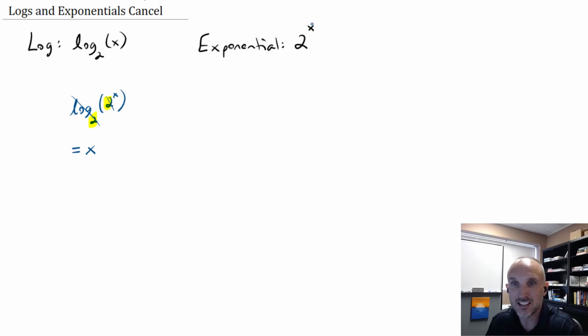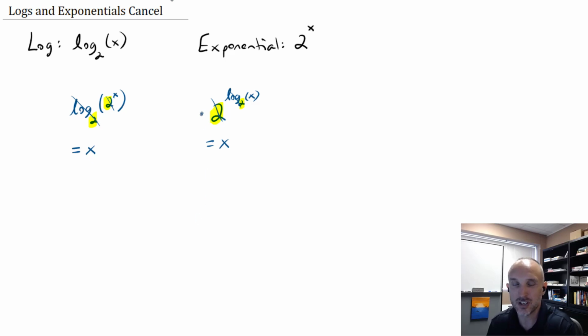Similarly, if I take the exponential and plug a log in here, I get cancellation as well. So if I have 2 to the power of log base 2 of something, again, because the base of the exponential matches the base of the logarithm that's in the exponent, and it's important that the log is in the exponent of the base, then these cancel, also giving us just x.